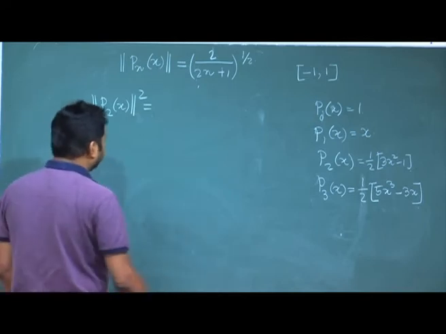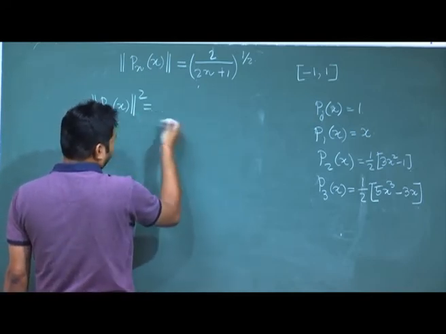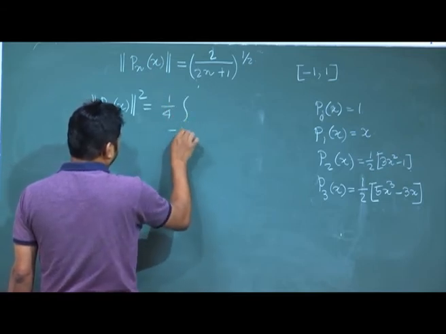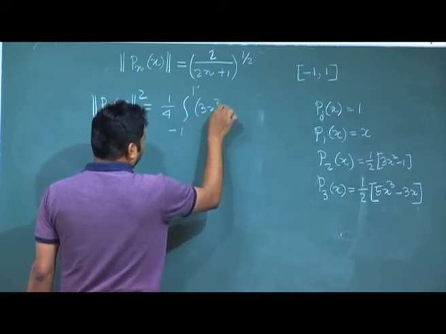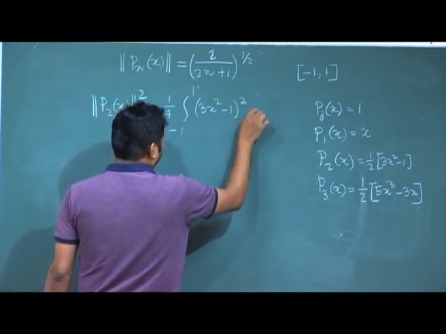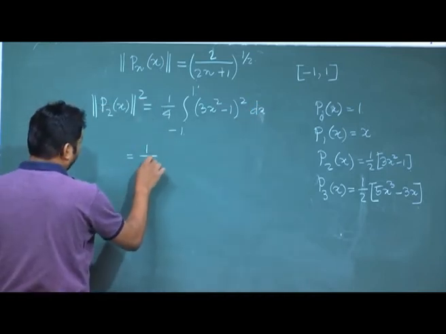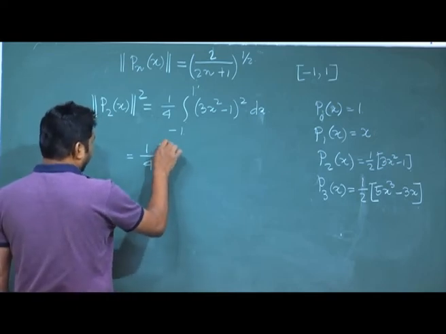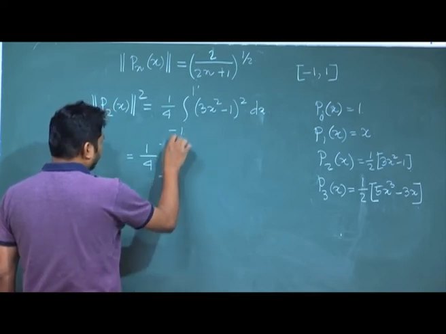So, again I am doing the same thing. When I take the square of this quantity, 1 by 4 will be coming outside, and the integral from minus 1 to 1 of (3 x square minus 1) square dx. So, it will be 1 by 4. Now, the integration from minus 1 to 1.